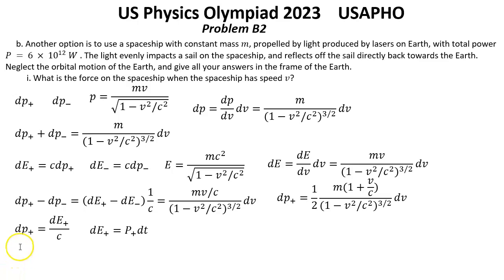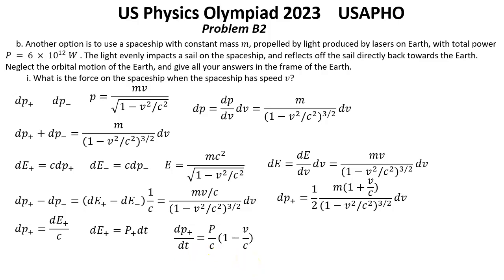The momentum which reached our ship, delta p plus, equals the energy which reached our ship over c, but energy equals the power which reached our ship multiplied by delta t. Power P plus is just the part of the power which reached our spaceship, that was power multiplied by 1 minus v over c. And delta p plus over delta t equals this expression.